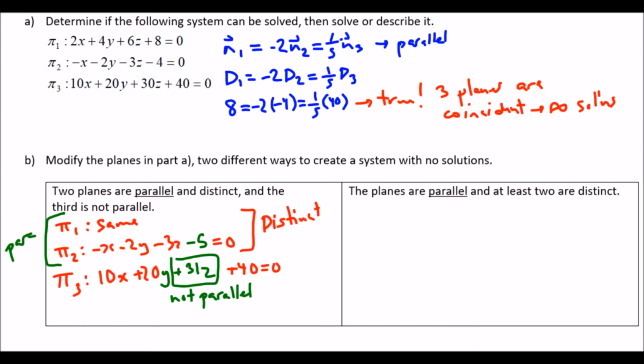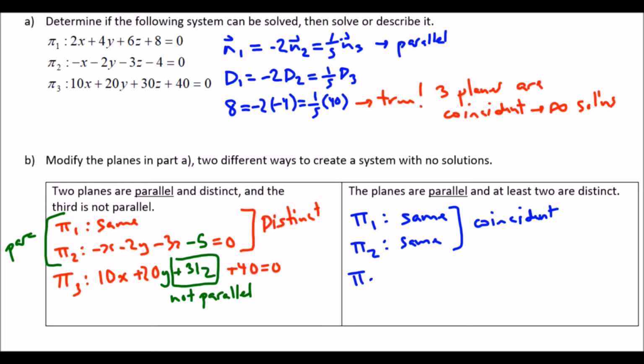So here we go again, same thing. I'm going to keep plane 1 the same. Plane 2, I will also keep the same. So what does that mean? That means these are coincident, so they are definitely not distinct.